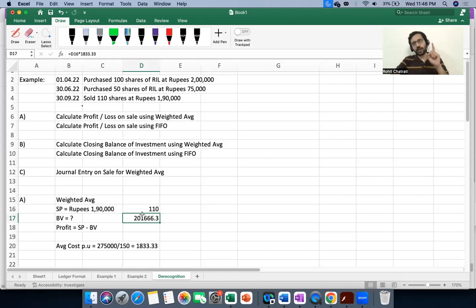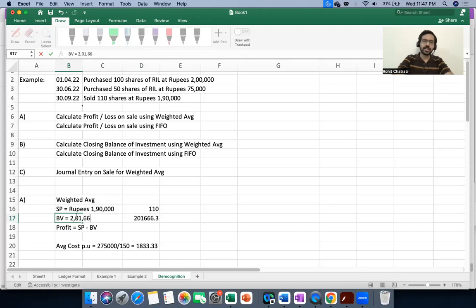Therefore, my cost for 110 units is 110 multiplied by 1833, and my book value or the cost is equal to 201,666.